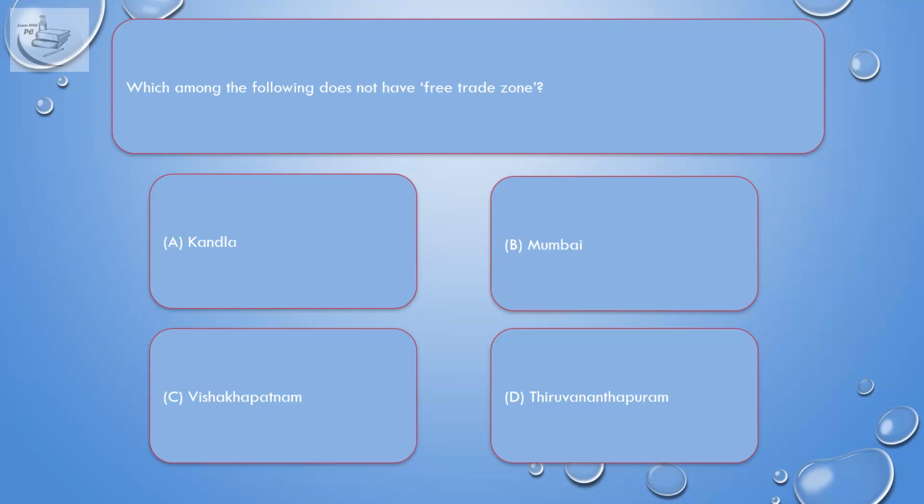Question: which among the following does not have free trade zone? A. Kandla. B. Mumbai. C. Visakhapatnam. D. Thiruvananthapuram. Correct answer is A. Kandla.